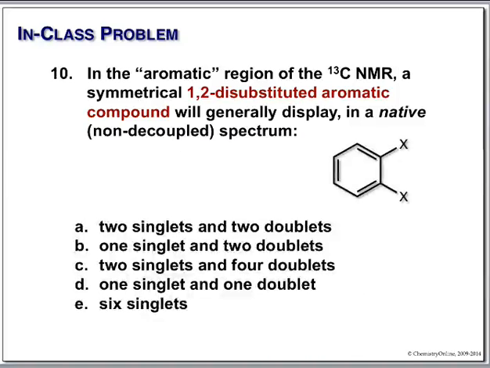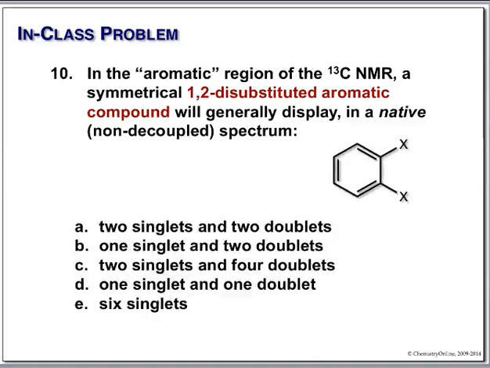All right, here we have C13 NMR, a symmetrical 1,2 disubstituted benzene. We're looking at the native spectrum, so not decoupled, so we're going to see multiplets here.